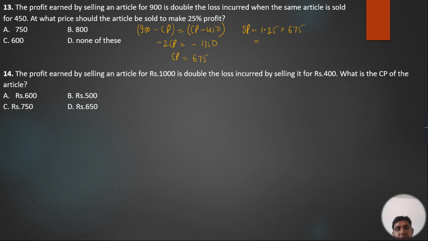I guess I have made a mistake in this question. The question is like, at what price the article should be sold in order to gain 25% profit.